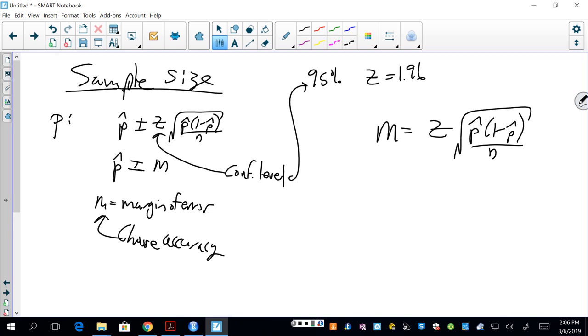Now Z is based on our confidence level, this is something we've chosen, and if we have some idea of p, maybe from a pilot study or just our general knowledge, we have an equation here and we can solve for n. Right? So if we square both sides, it'll get rid of that square root.